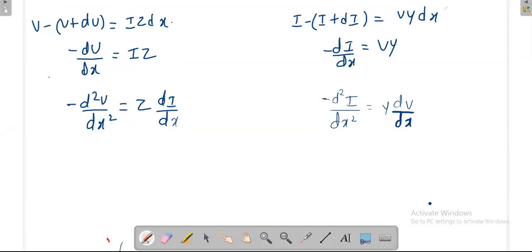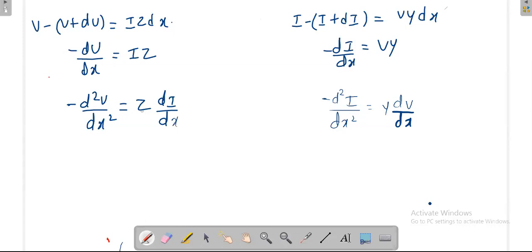If you make one more differentiation with respect to x, d square V by dx square, then Z is constant because it depends on R, G and L C, so that is constant. Then dI by dx. Similarly, here you will get minus d square I by dx square, and Y is also a constant.